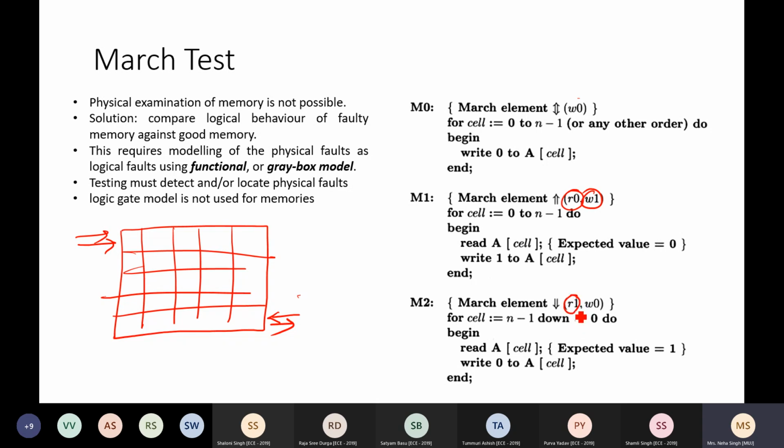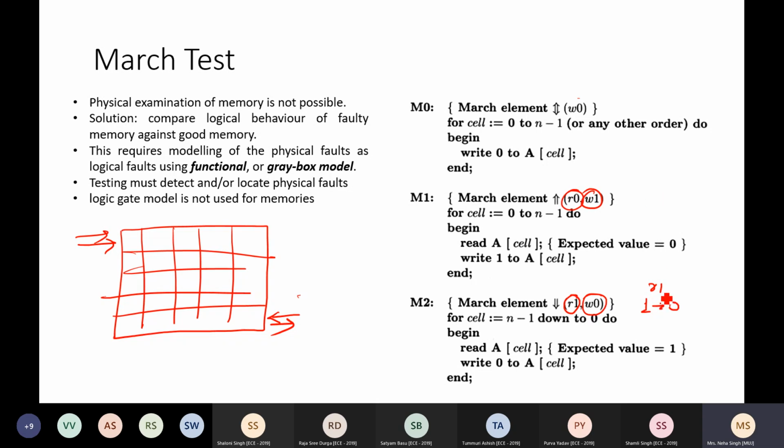Once it is read properly, I will try to write 0 now. So I have now transition from 1 to 0 performed. I have read 1 performed. Right? Transition fault पता चल गई, stuck at 1 fault पता चल गई. नहीं, stuck at 0 fault पता चल गई.